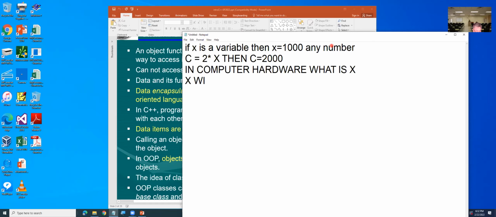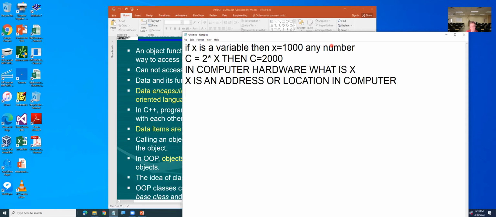An address, or location, in computer. Okay, now try to understand address.